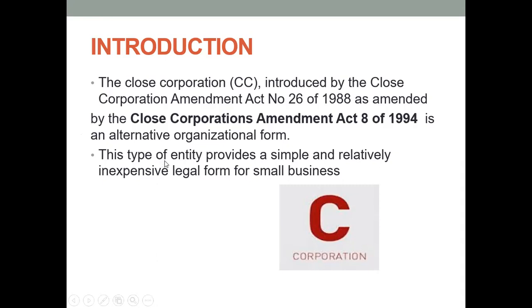This type of entity provides a simple and relatively inexpensive legal form for small businesses. That's why most small businesses opt to register their companies as a CC, a close corporation, because it's not expensive compared to registering other companies like limited companies and public companies. So a close corporation is the cheapest legal form of a business.